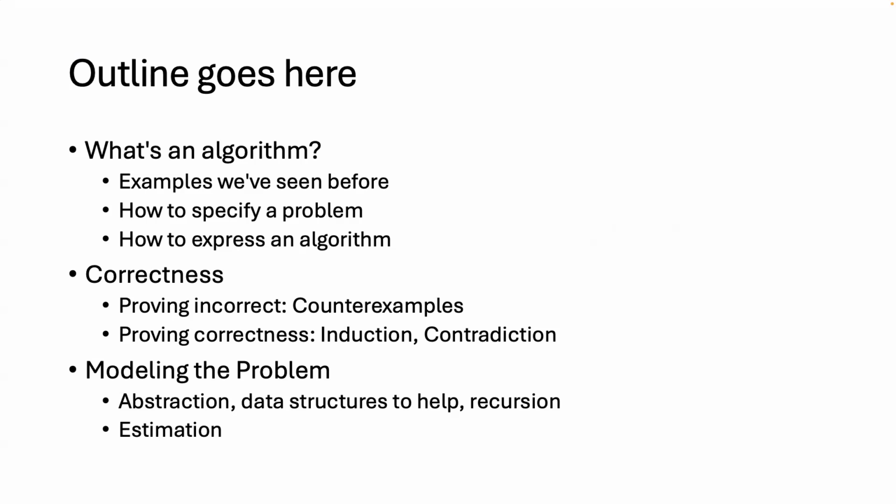Then the other part of this chapter is we're going to figure out how to model a problem. That looks at how we do abstraction, and what sort of data structures, without going into too much detail, can help us do this. We'll briefly touch on recursion again, and we'll look at estimation.